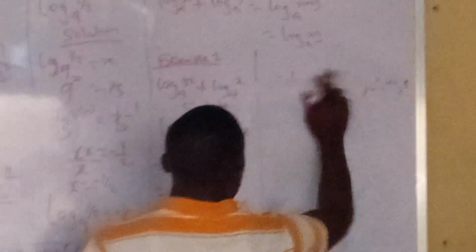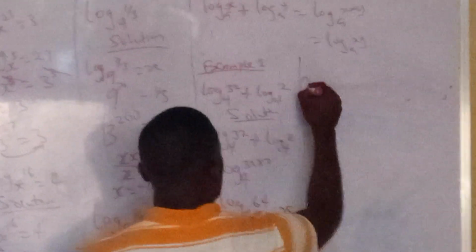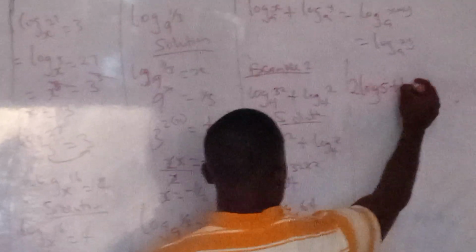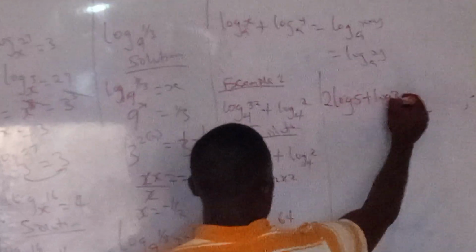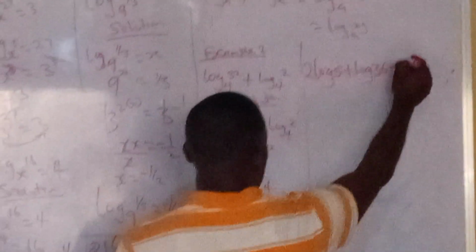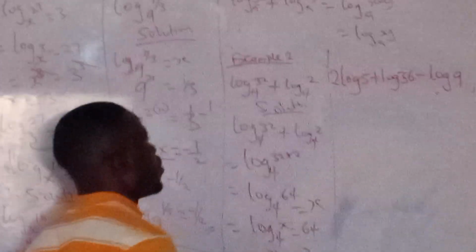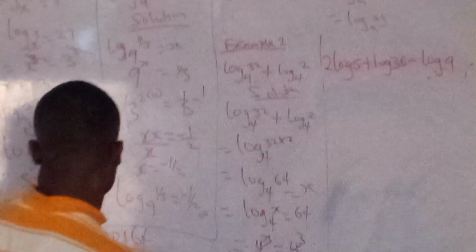Sorry, 2 log 5 plus log 36 minus log 9. Make sure you try your best on that. With this information, you should be able to solve that.